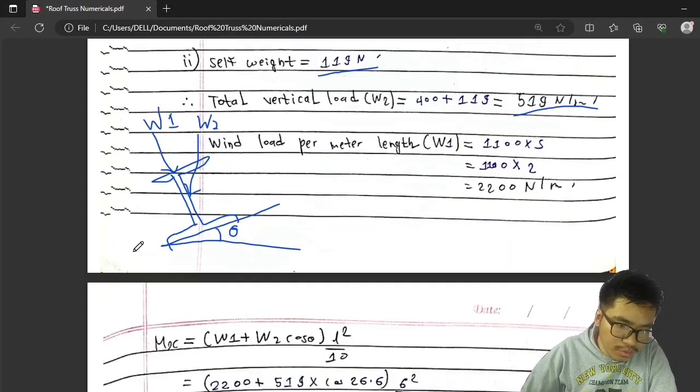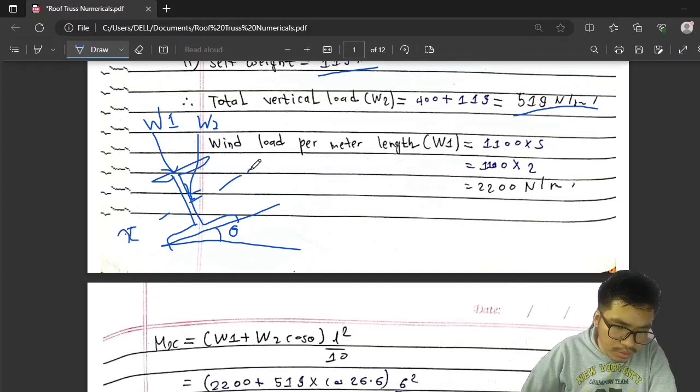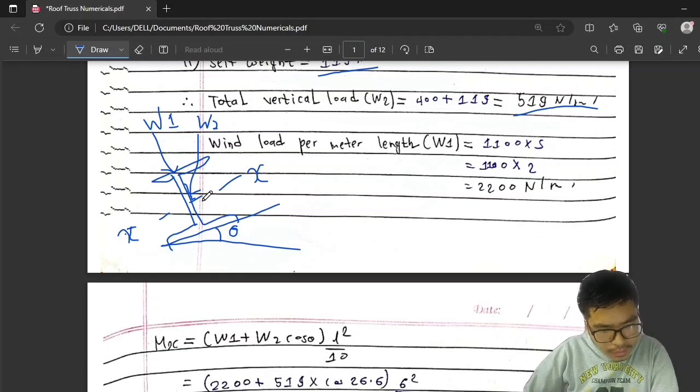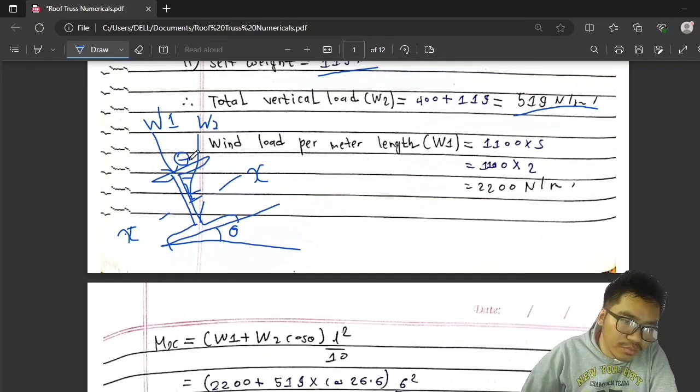Let this be the x-axis. So in the moment in x direction it is W1, plus since this is theta, this is 90 minus theta and this is theta, so this is also theta. So the weight component of this W2 in this direction is W2 cos theta.